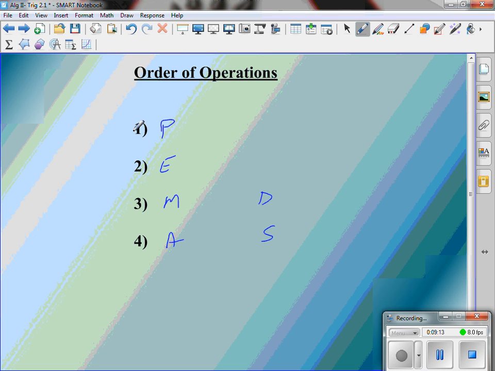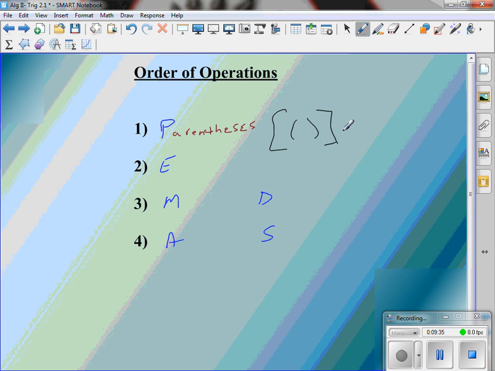P stands for parentheses. Now, parentheses don't always have to look like this. They also look like this. They look like brackets.